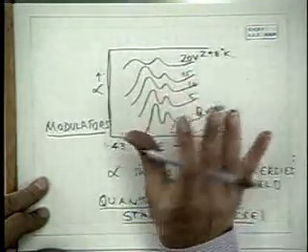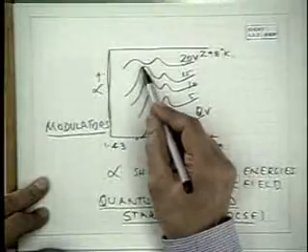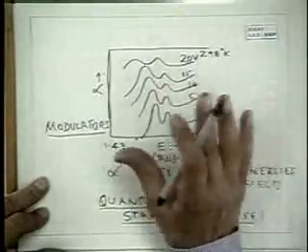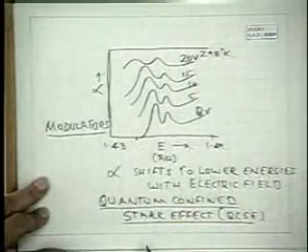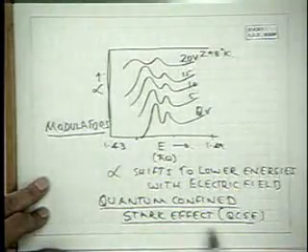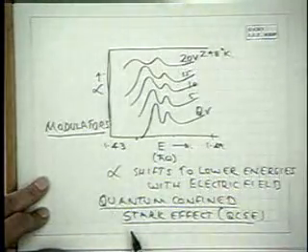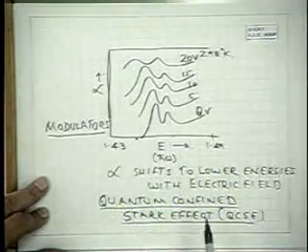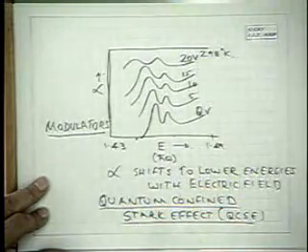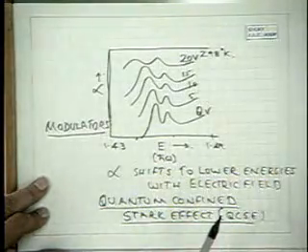So with the application of electric field, the light is cut off, and so you can switch the light on and off using this quantum confined Stark effect. So this is an important type of modulator, which I'll discuss in detail when I come to discussion of devices.